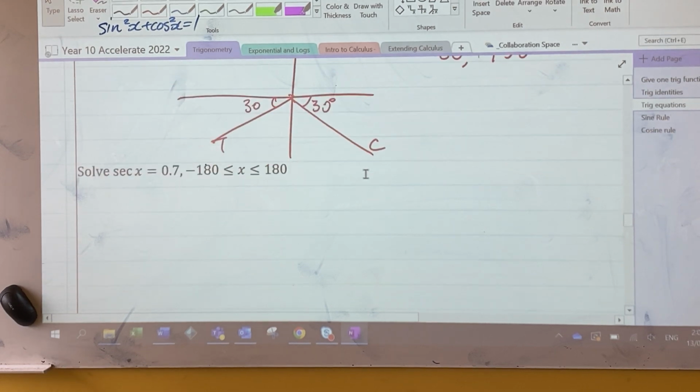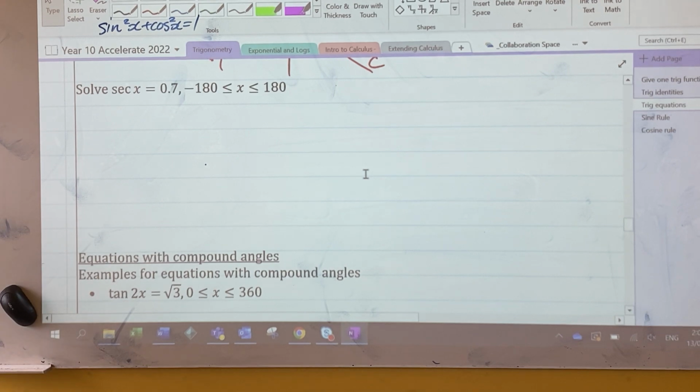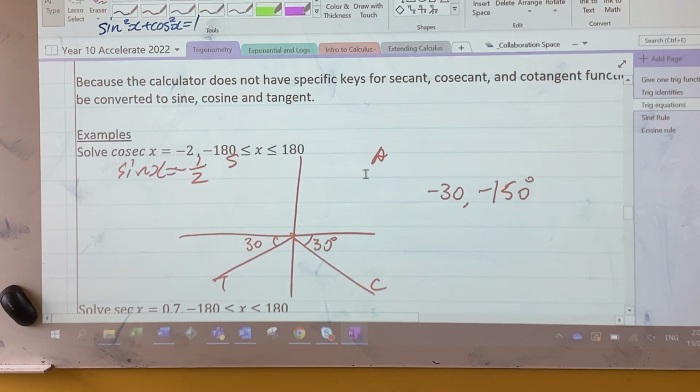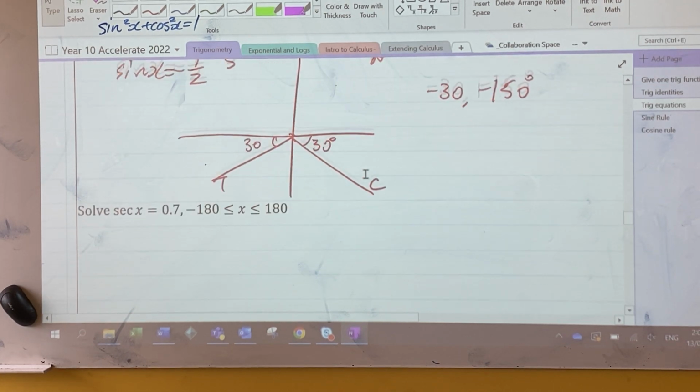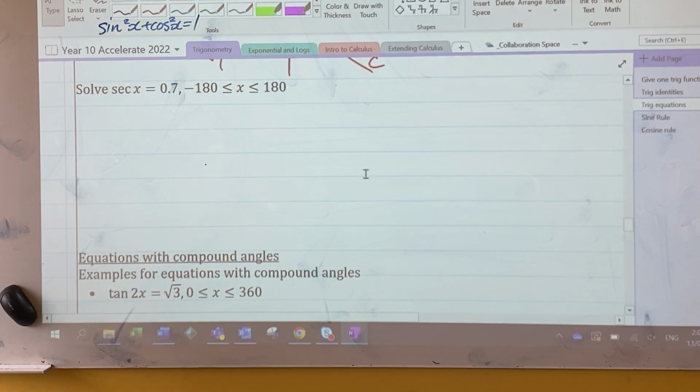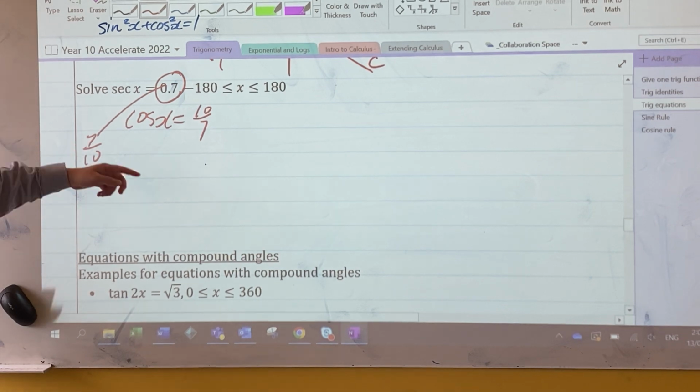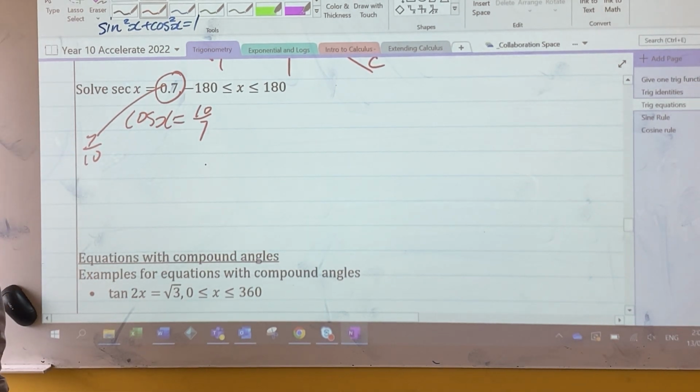Okay, next one. Sec x is 0.7, and x is between minus 180 and 180. When I say sec, I'm thinking about cos. So cos x is 10 over 7. What did you notice when I say cos is 10 over 7?